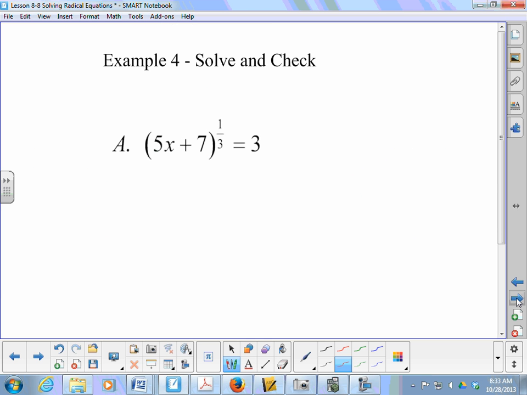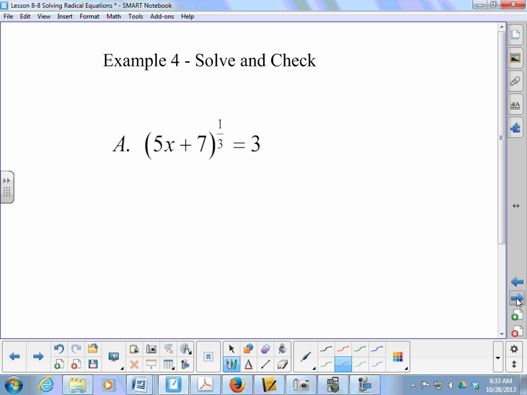One more. Now, example 4 here is just like the ones we just did, right? The only difference is they have a rational exponent instead of a radical.